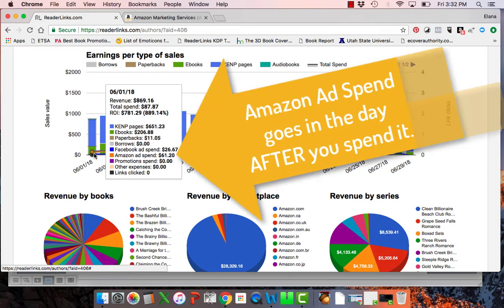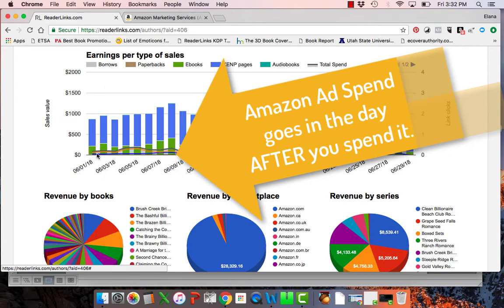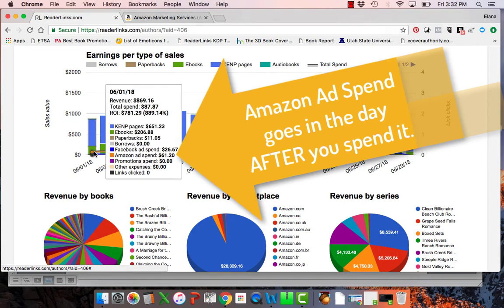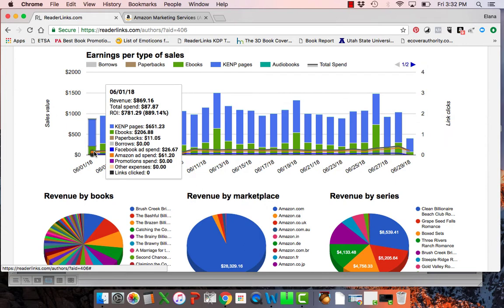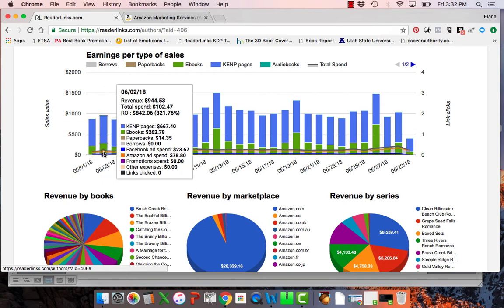Now this Amazon ad spend is actually for the day before. I upload my Amazon numbers in the morning between 6 and 8, depending on when I get up and what else I have going on. So that $61 is actually from May 31st. My Facebook ad spend goes on that actual day, but the Amazon ad spend is always the next day.